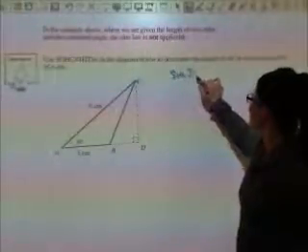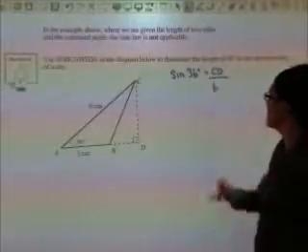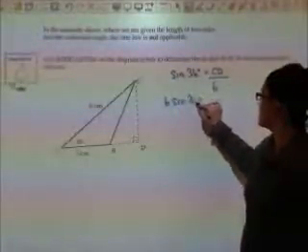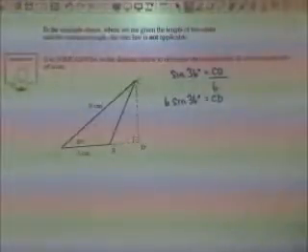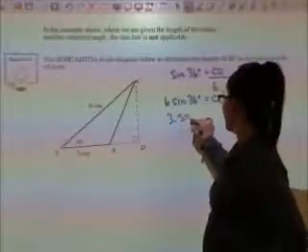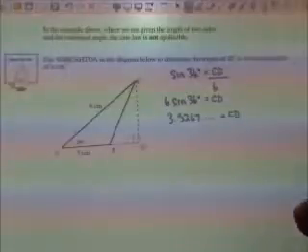Sine of a 36-degree angle equals side length CD over 6. To get CD by itself, I multiply both sides by 6, and I get that the length of CD is 3.5267, and it goes on. That's CD.